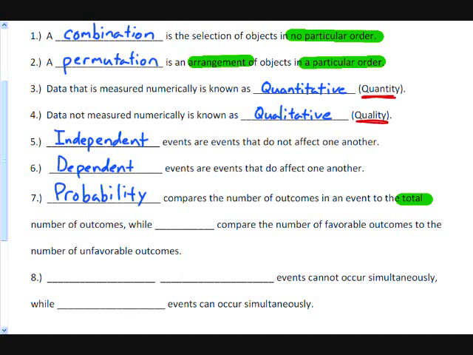When we're not comparing to the total, when we're looking at favorable versus unfavorable, that's when we're looking at what we call odds. Okay, and that's the difference between odds and probability. Probability compares it to the total. Odds compares favorable to unfavorable.